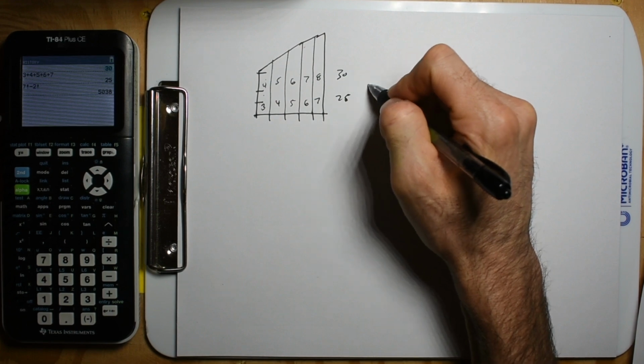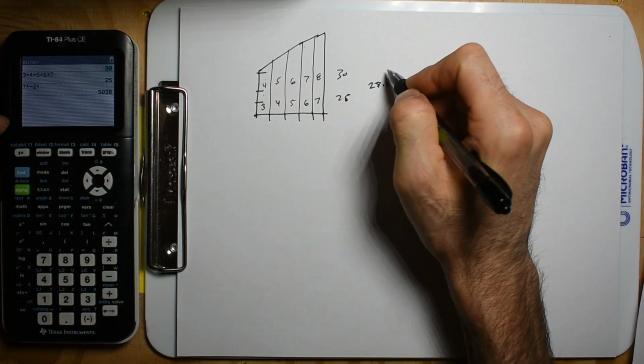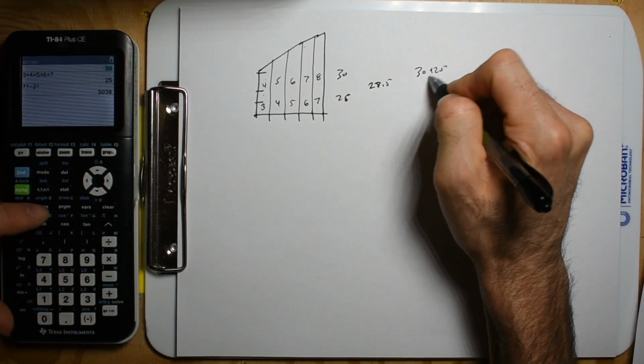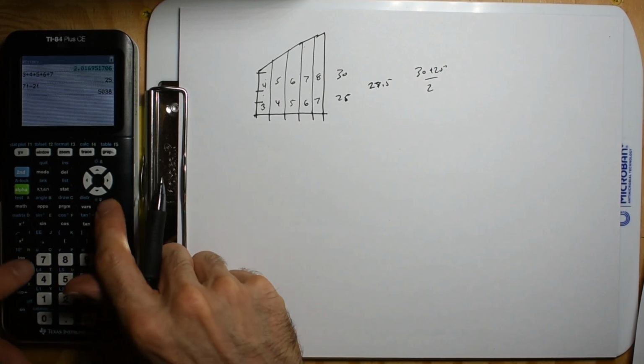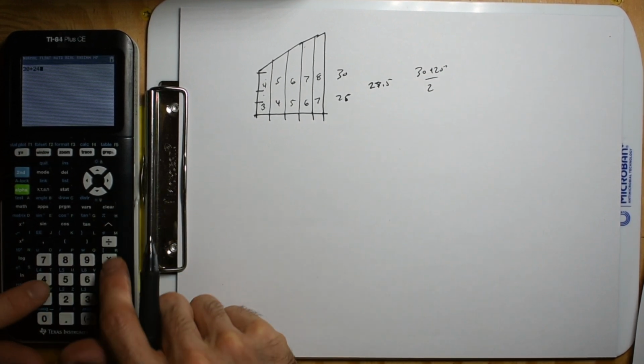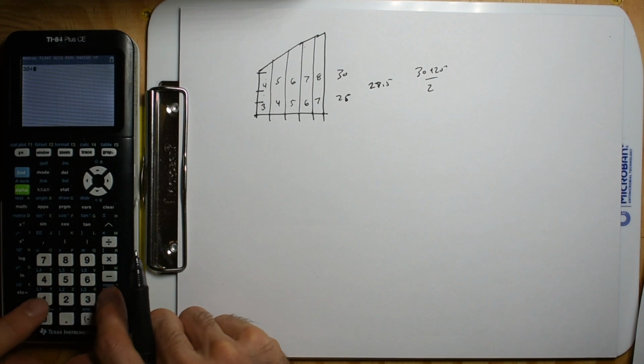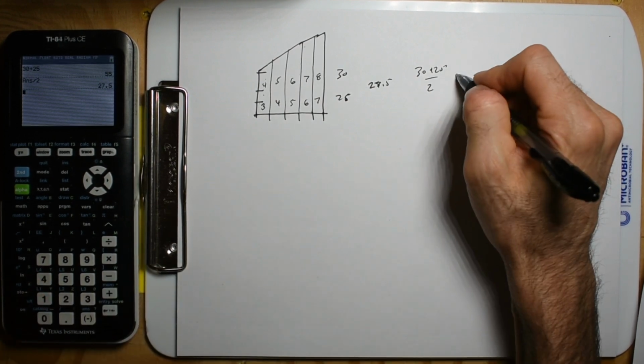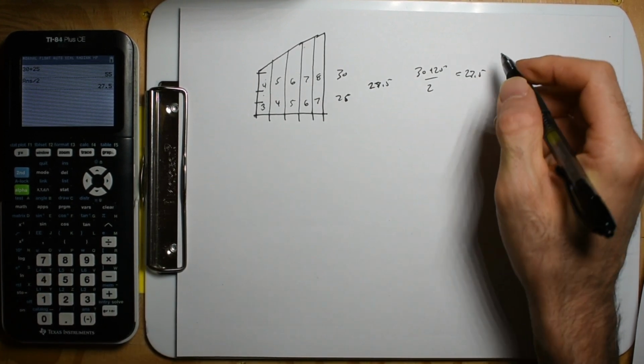Obviously, halfway in between is 27.5, or it's the equation 30 plus 25 divided by 2, which is 27.5.